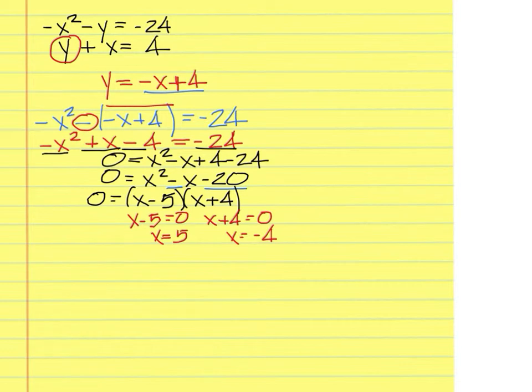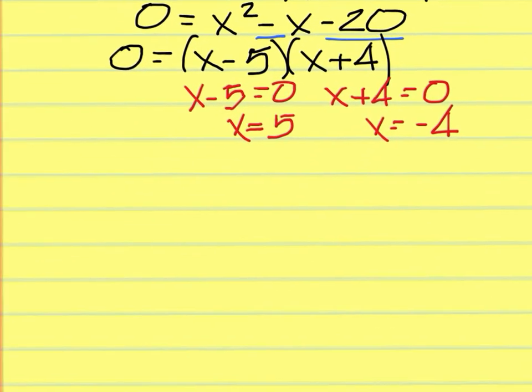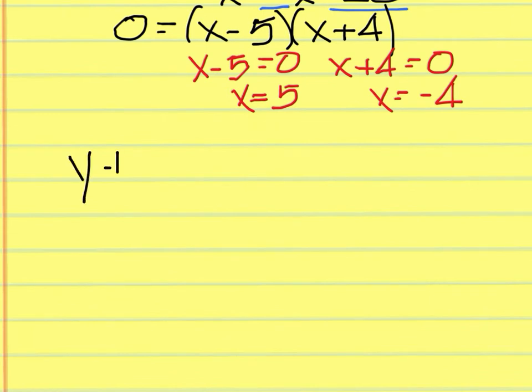And here's how you would solve for y. You're going to pick one of the two equations, this one or this one. I'm going to choose the second one. So if I choose the second one, that's y plus x equals 4. And I'm going to bring it down here. y plus x equals 4.